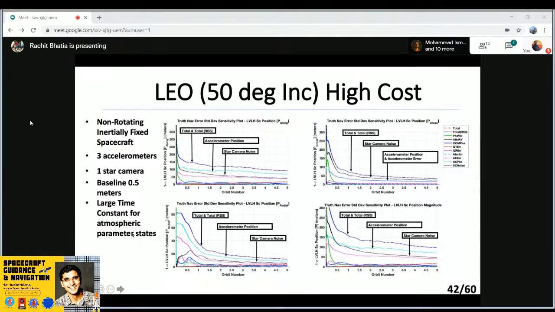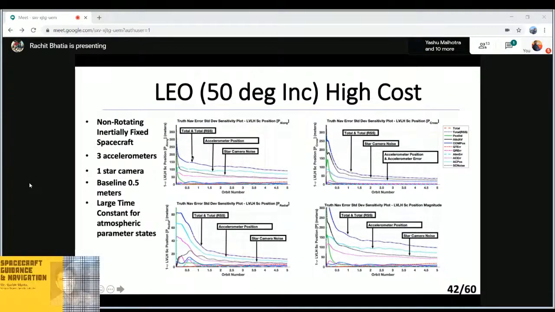You don't need to worry about that because I've not talked about it. But basically this is the setup, and you can see the contribution. So we started somewhere around, for radial, I think for along track it was 1000 meters, and with the measurement it comes down to very nice, hundreds of meters.